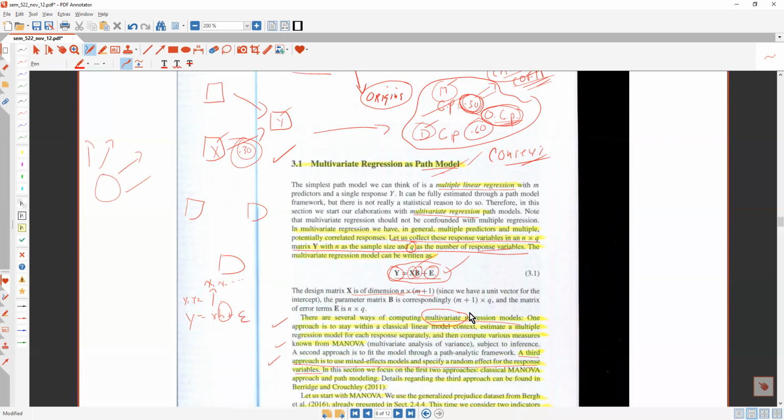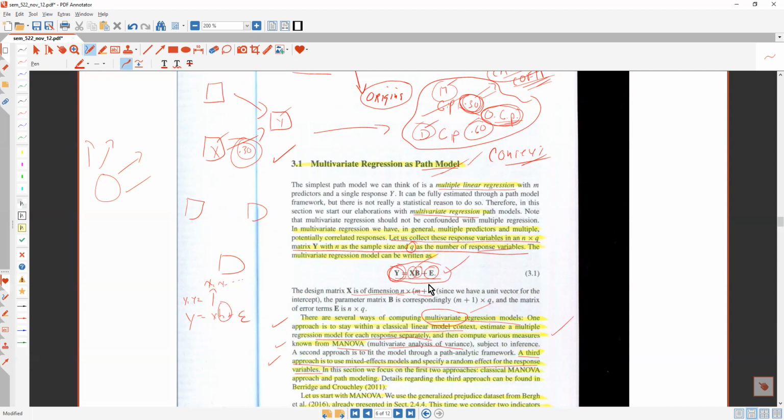So there's several ways of computing the multivariate regression model, and one way is to stay in the classic linear model context. Estimate the regression model for each response separately, and then compute measures for MANOVA. Now, this is the multivariate analysis of variance, so you'd have to parameterize this a little bit differently, but we get the idea that we're in the multivariate idea. What Mayer says here could be a little bit misleading because the MANOVA model is not identical to the multivariate regression model.